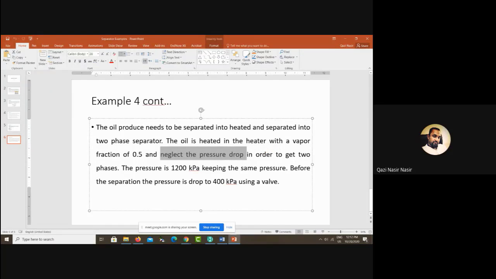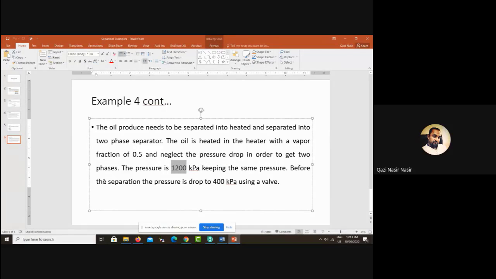It means whatever pressure is entering the heater, the same pressure is leaving the heater. Similarly the temperature, you need to mention also. The pressure is 1200 kilopascal, keeping the same pressure. That is the pressure entering the heater, and you will put the same pressure at the outlet also.